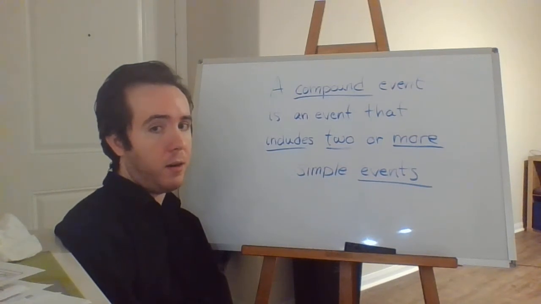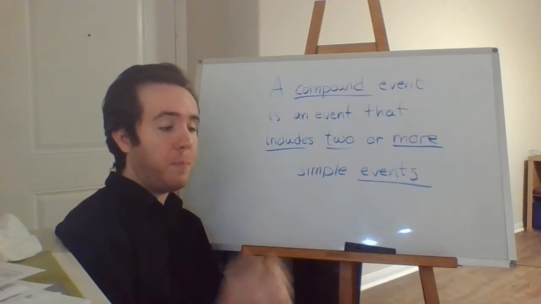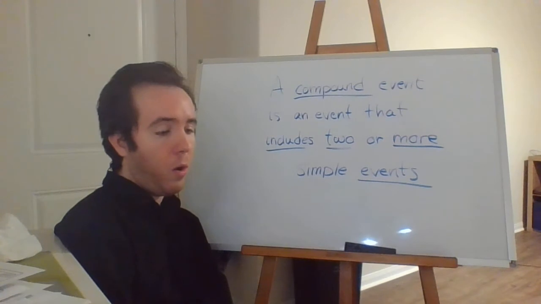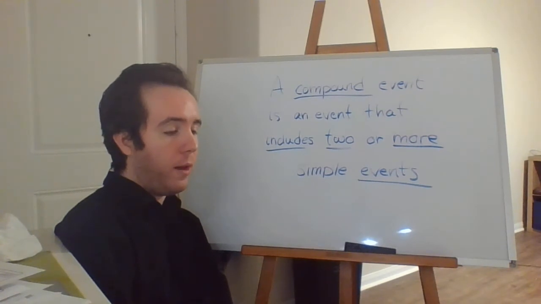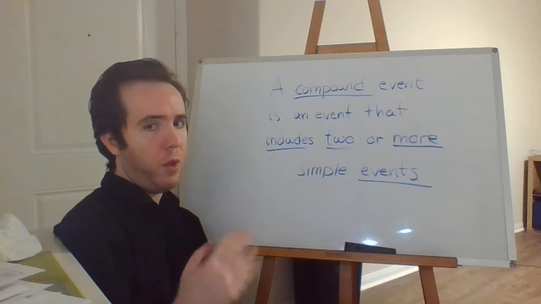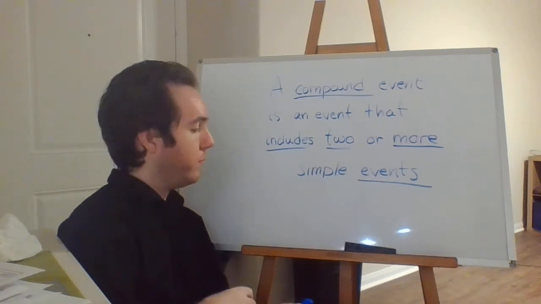Your deck is smaller and there are fewer of that kind of card to draw, either fewer of the suit or fewer of the number. So a compound event can include events that depend on each other, like how many cards are left in the deck, or events that are independent, like rolling two dice, which don't affect each other at all.